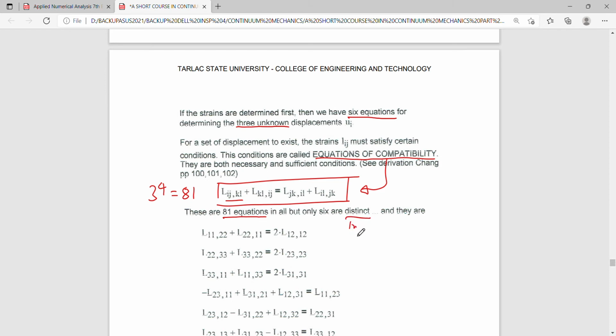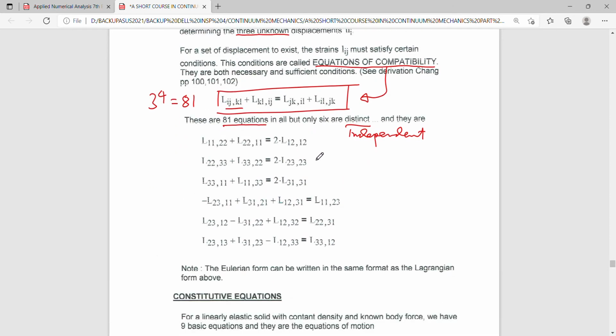Okay, the others are dependent on the others. So they are, in other words, just equivalent. So we don't need to check them because they are just a replication of the others. And so these 6 equations written now below are sufficient for us to assure compatibility in terms of the motion of the particles inside the body.